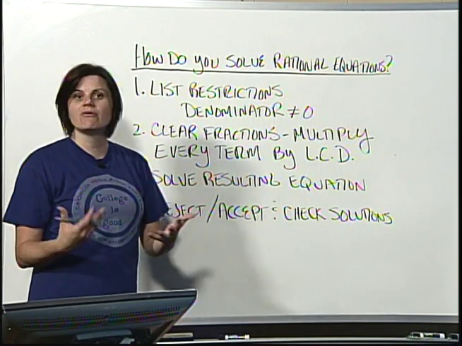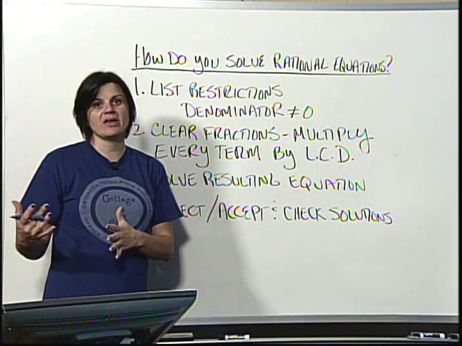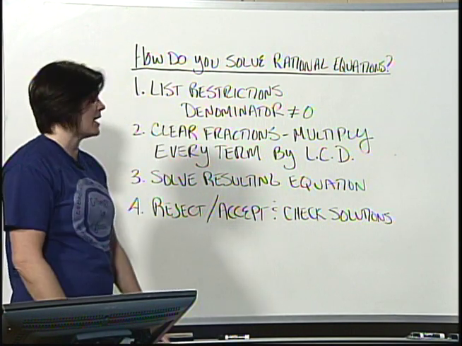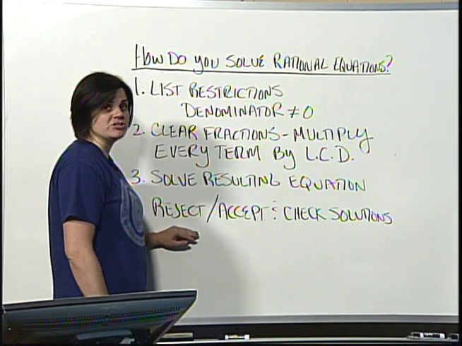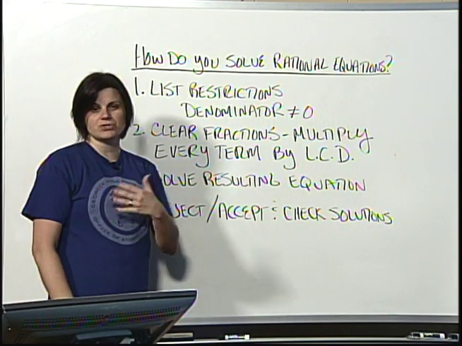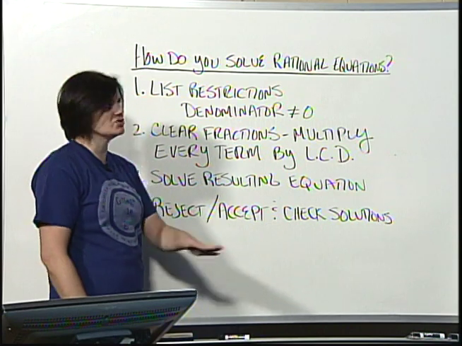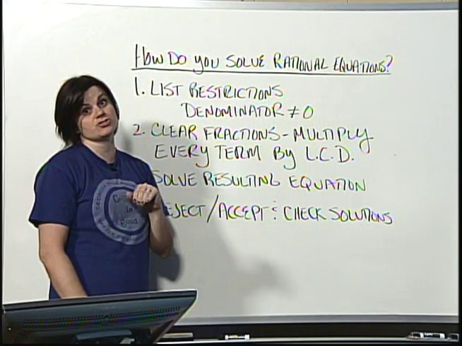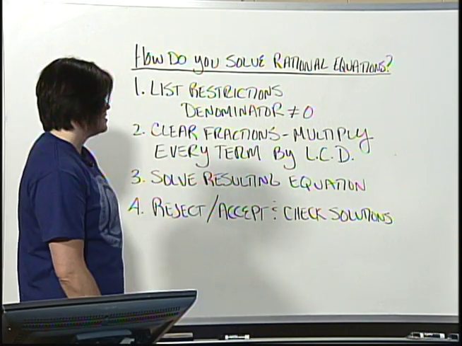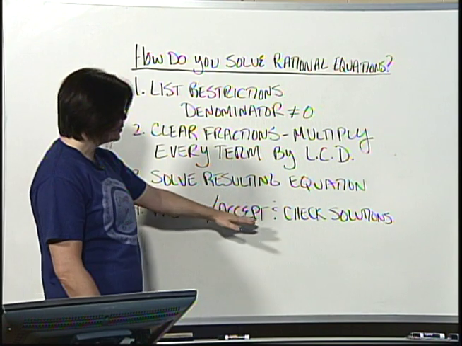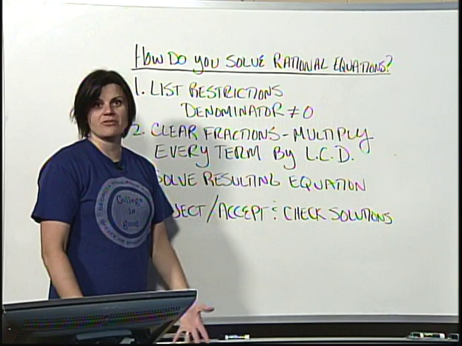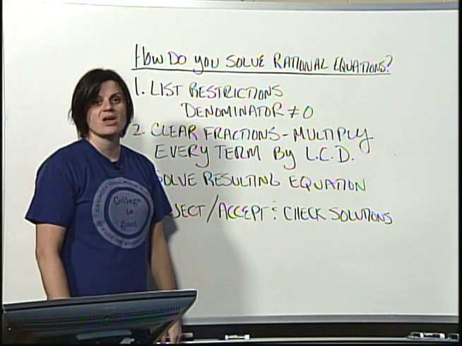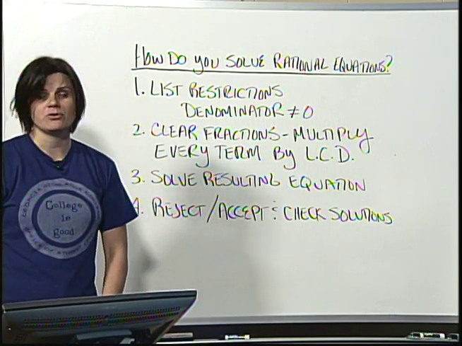So you have to know how to solve all the types of equations that we've talked about in previous chapters. And then finally, you'll either reject any of the solutions that show up that aren't really solutions because of the restrictions placed on the input variable, or you're going to check and accept the other solutions that you're left with. So let's take a look at an example.